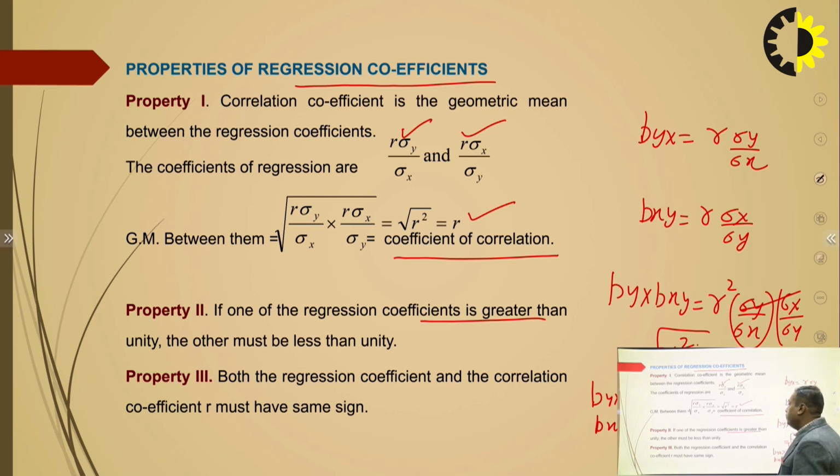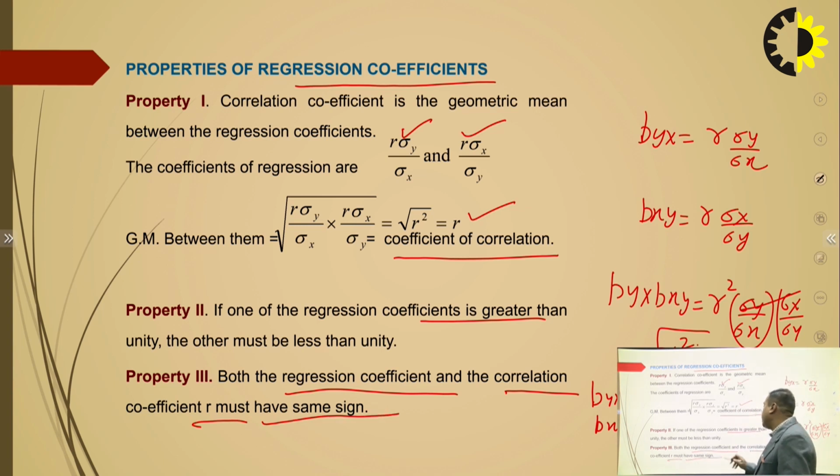The third property is that both the regression coefficients and the correlation coefficient must have the same sign. That means if R is positive, then the regression coefficient byx is also positive. If R is negative, bxy or byx is also negative.